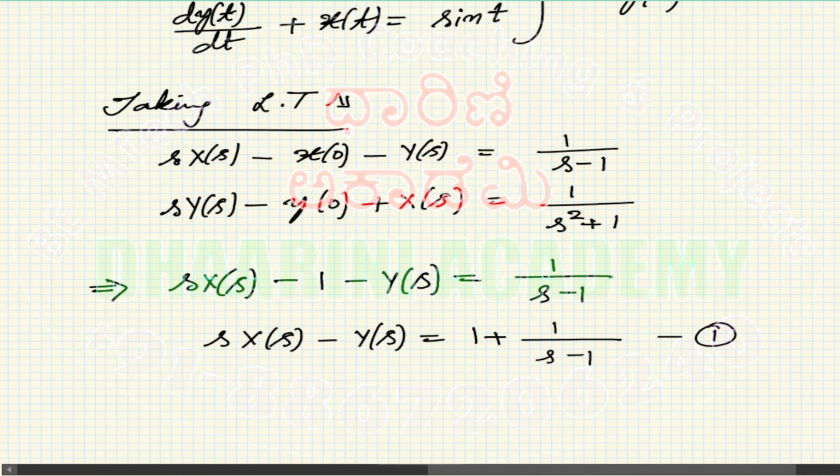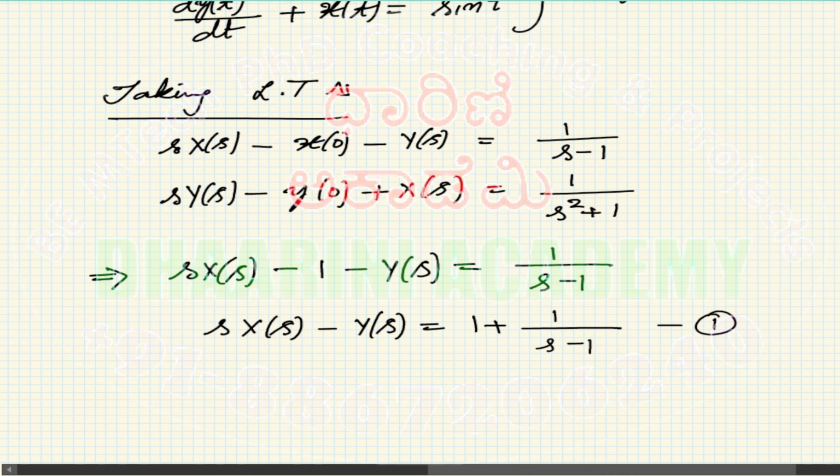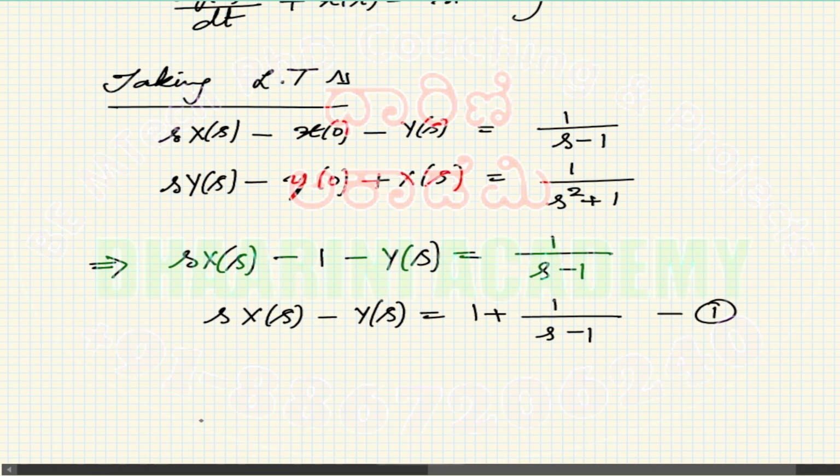I'll do the same thing with the second equation. That means it is s into y of s minus 0, plus x of s equals 1 by s square plus 1.